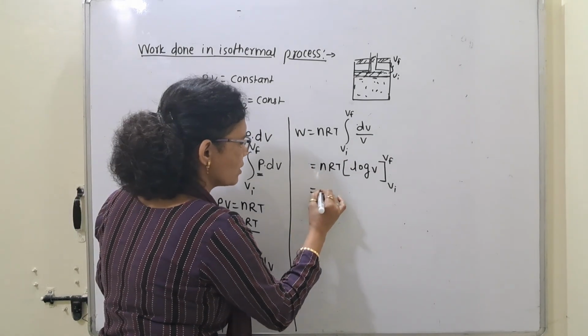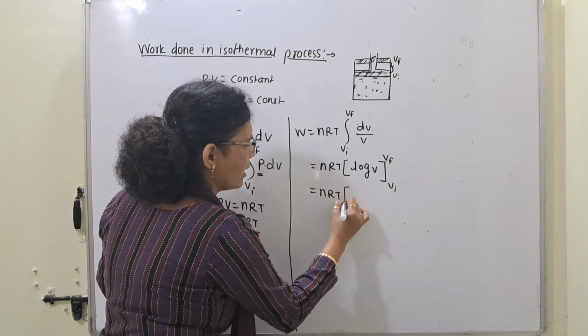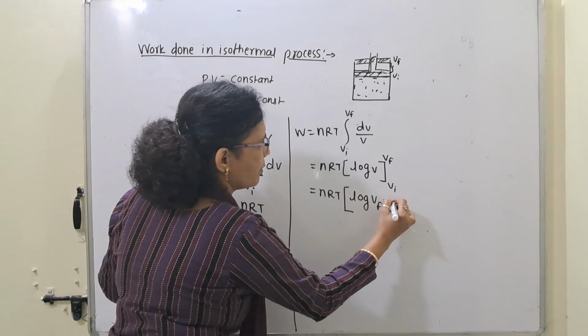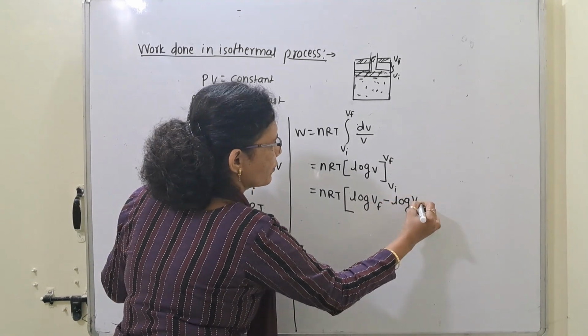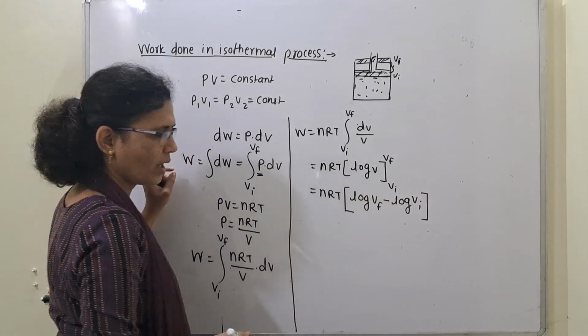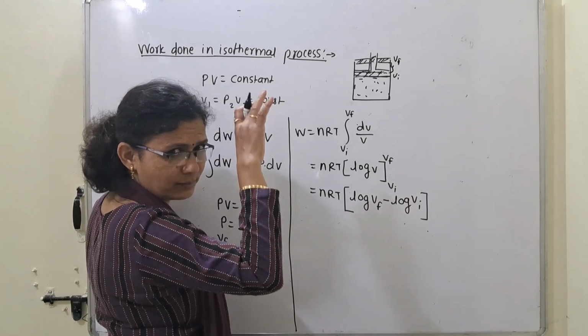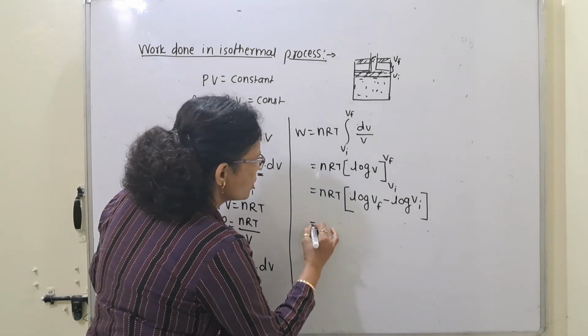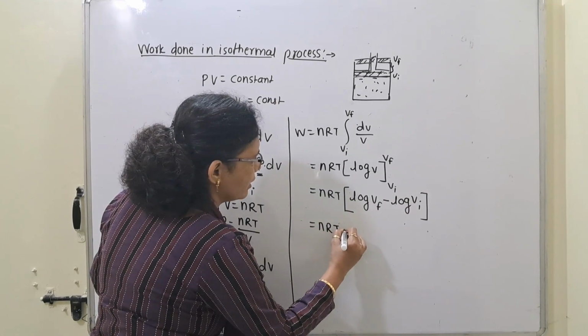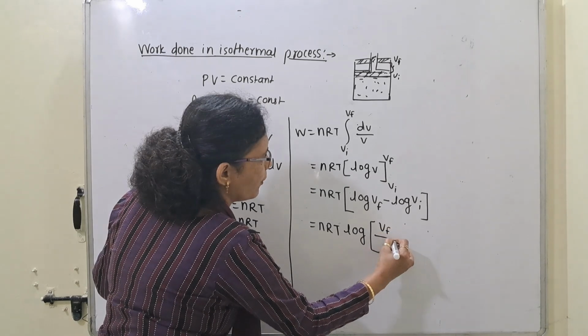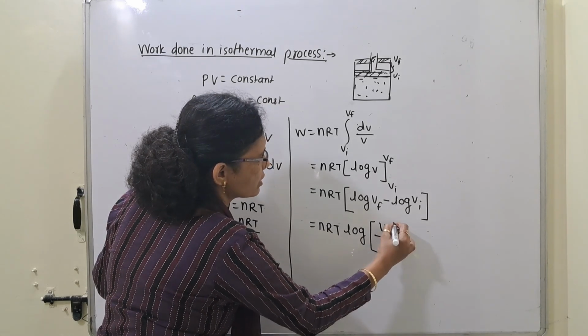Put the limits, what do we get? nRT in bracket, log of V final minus log of V initial. And when there is a subtraction of log, we take the division, right? So nRT log of V final upon V initial.